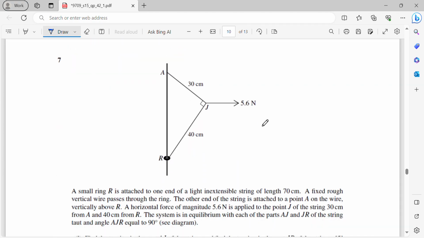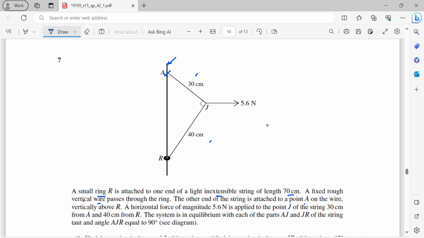Okay, now question 7. A small ring R is attached to one end of a light inextensible string of length 70 centimeters. So here 30, here 40, therefore 70 centimeters. A fixed rough vertical wire, so this is the rough vertical wire, passes through the ring. The other end of the string is attached to point A on the wire.